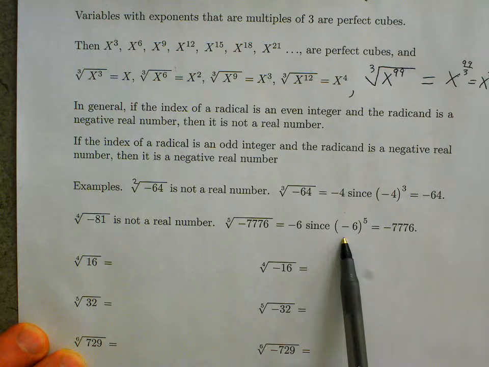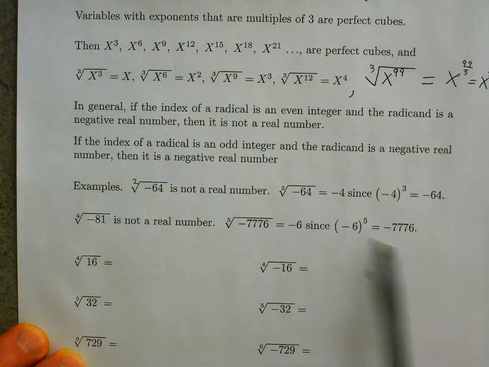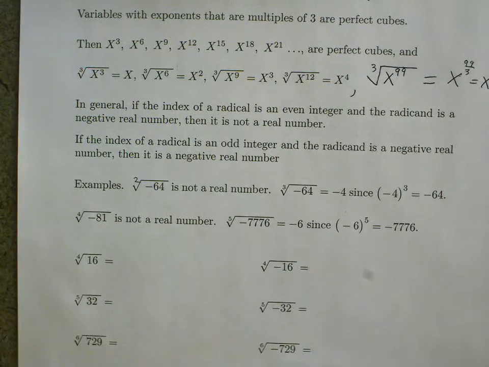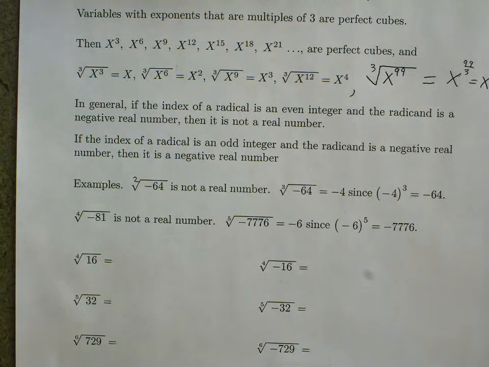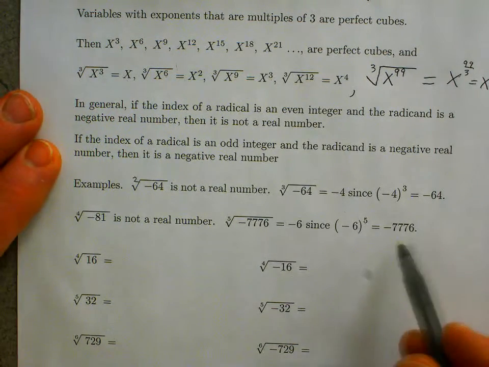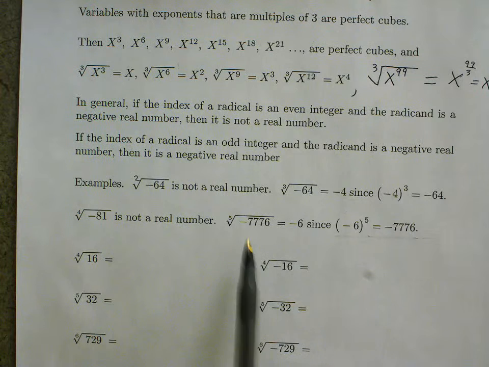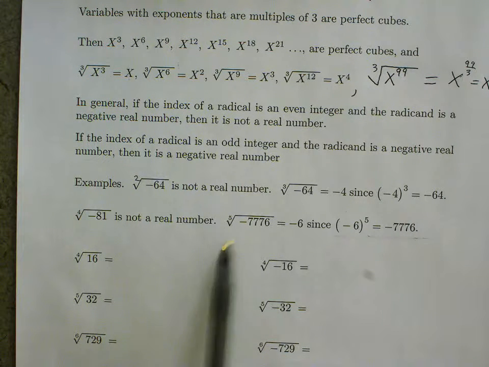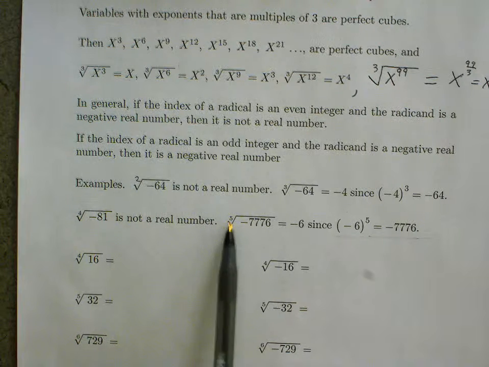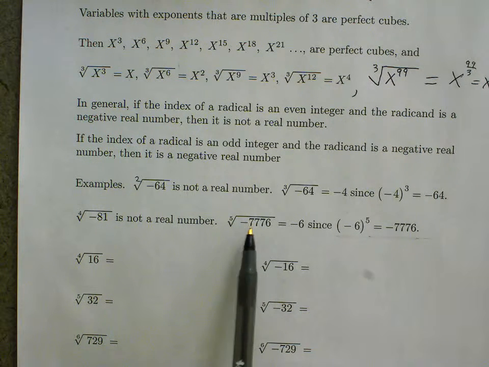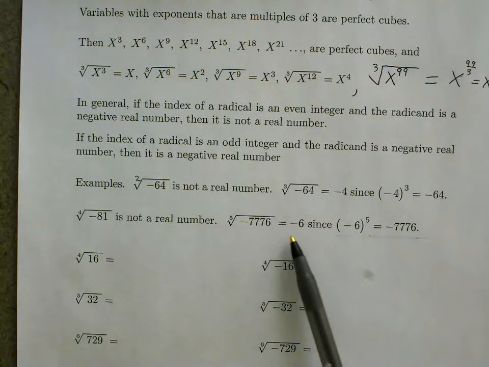If you raise the number negative 6 to the 5th power, you get negative 7,776. So you probably won't see perfect 5th powers that are that big, but this is just an example to illustrate that if the index of a radical is odd and the radicand is negative, then it's equal to a negative real number.